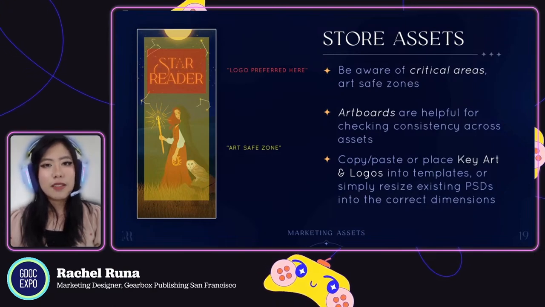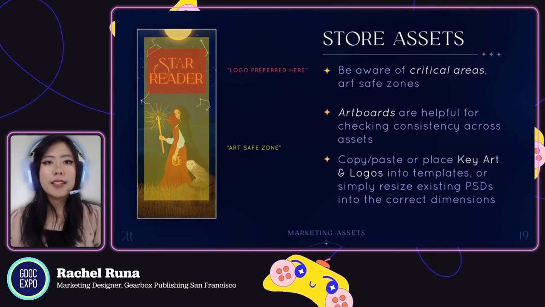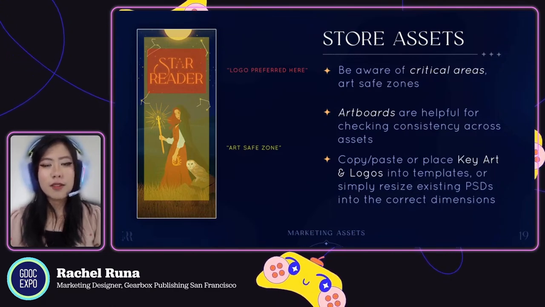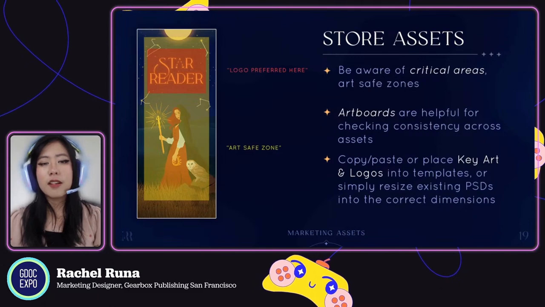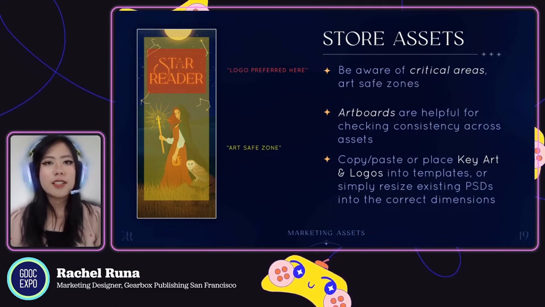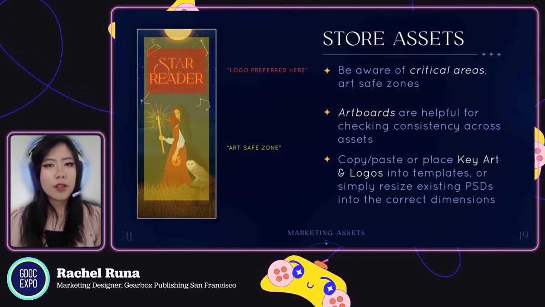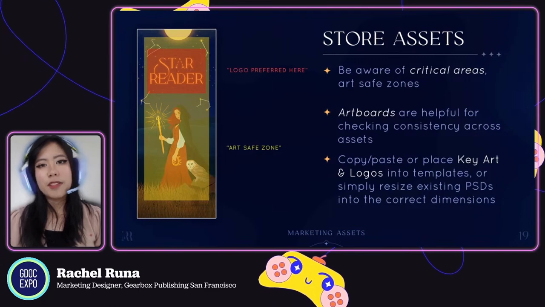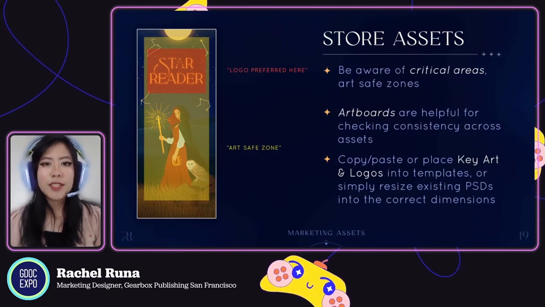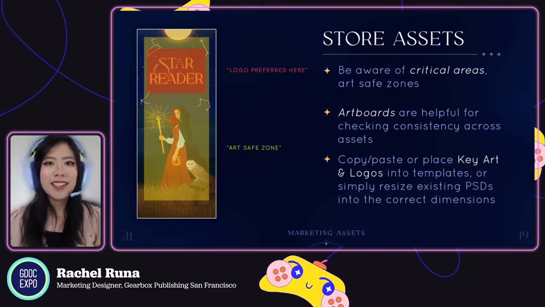You can also file place them, or you can just take those existing crops and cutdowns of your key art and then just resize it from there, resize and adjust the canvas. It really is up to you and your workflow, like what your preferences are. Personally, I do both. Just depends on how I'm feeling, I guess.